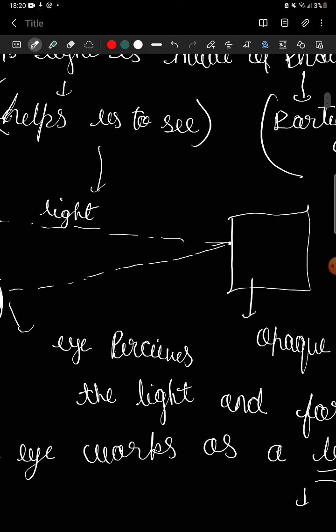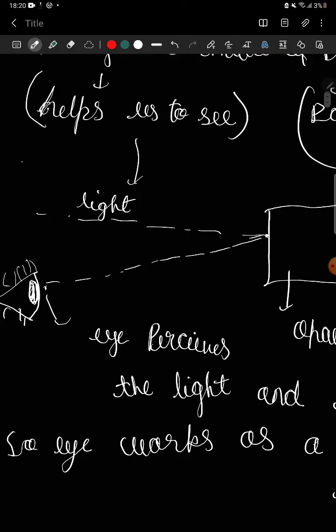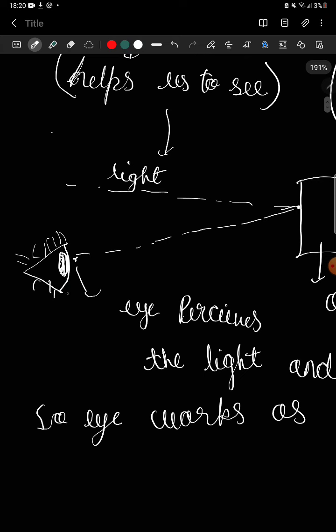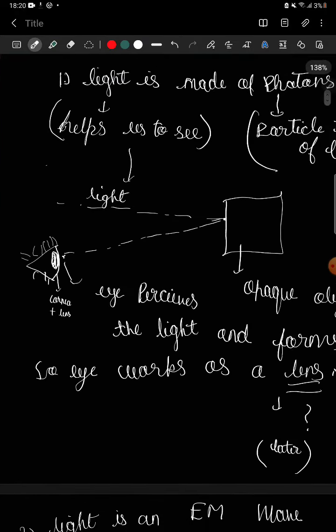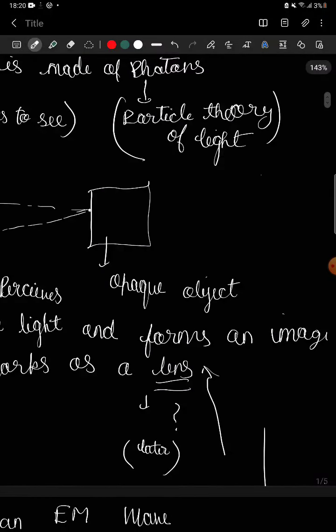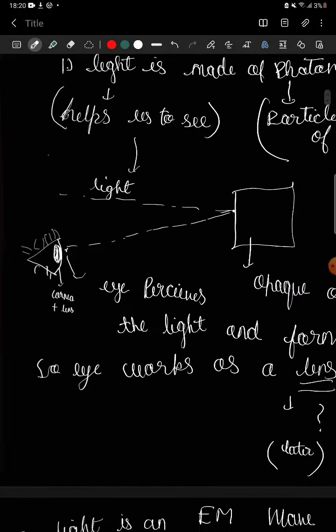So it reflects light and it reaches our eyeball, and the eyeball has a lens. The lens consists of the cornea plus a lot of things, like the actual lens. So the eye perceives the light and an image is formed on the retina of the eye.